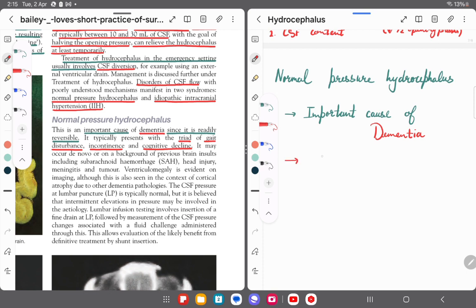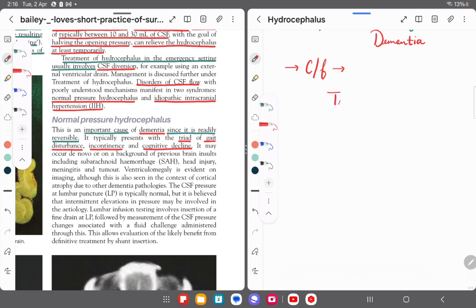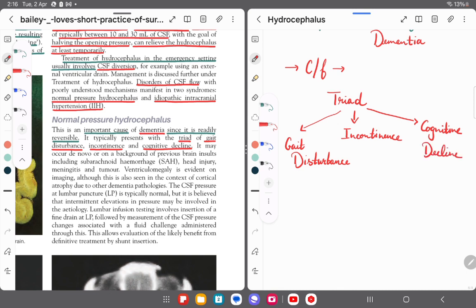The clinical features are a triad: gait disturbance, incontinence, and cognitive decline.